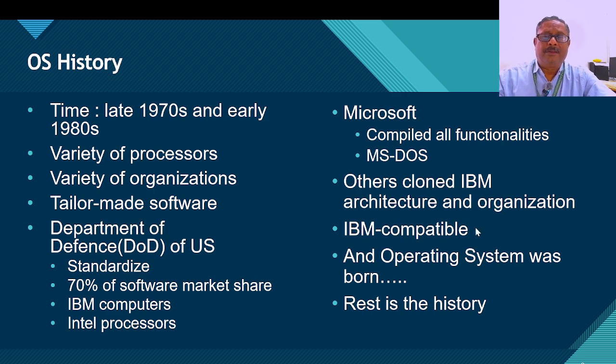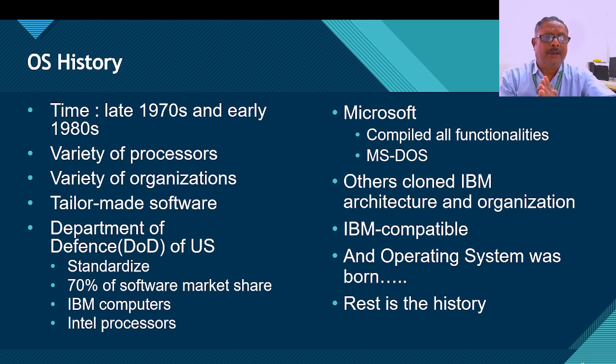The rest is history. Then DOS was there, various versions of DOS were there, then Windows came and that continued. We are not here to discuss all the different versions of DOS, but we are trying to see how the term operating system was coined, why, and what the need was for all this.